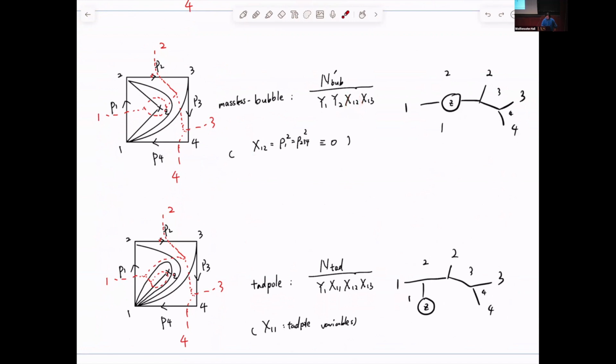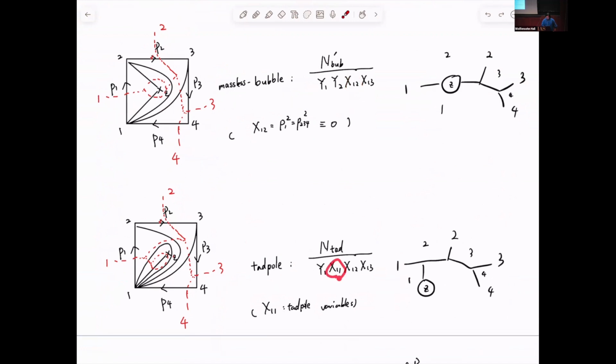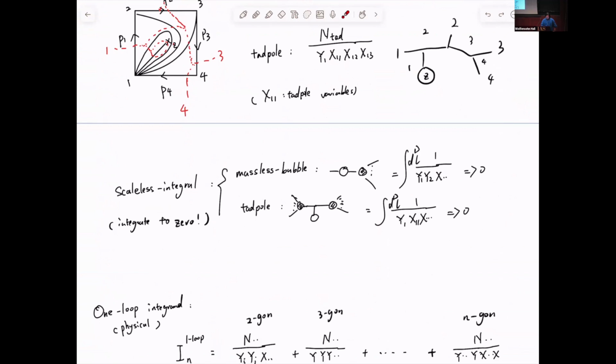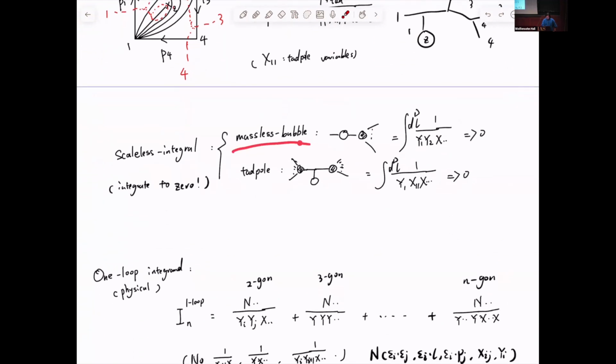It seems singular, and the tadpole diagram has x_ii, called the tadpole variables. But in general dimensions, those massive bubble and tadpole diagrams integrate to zero, which we call scaleless integrals.